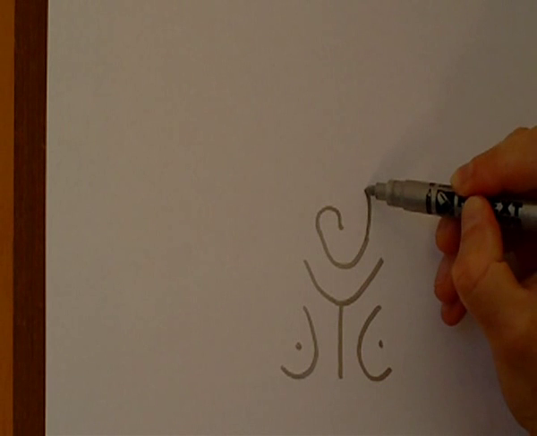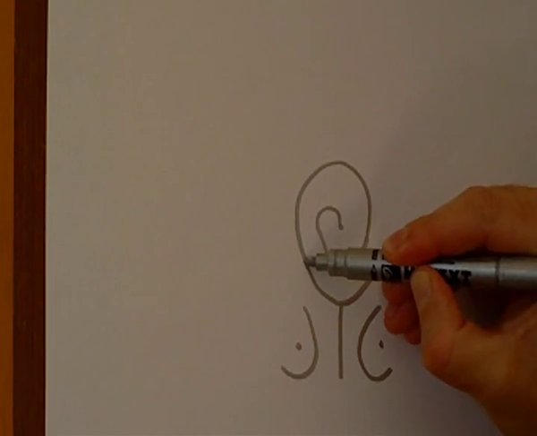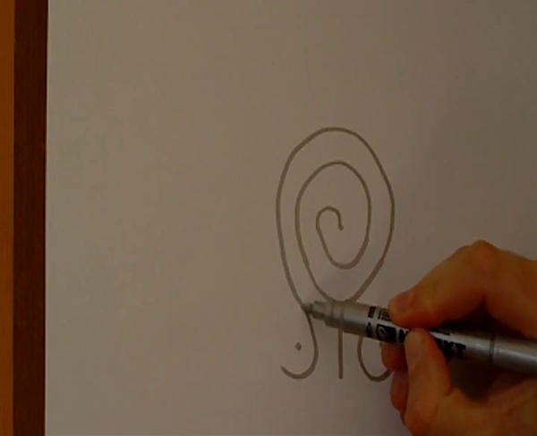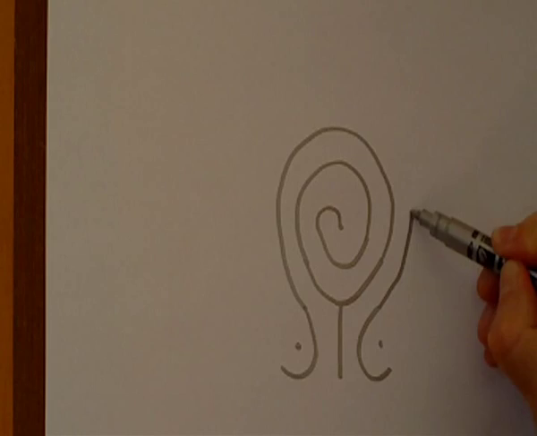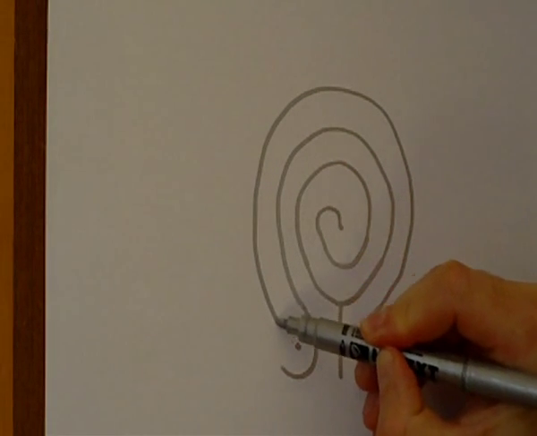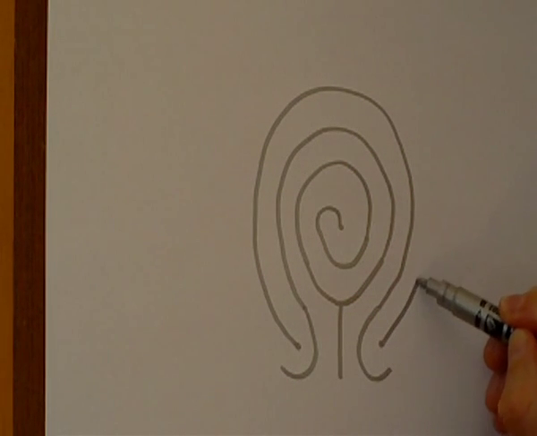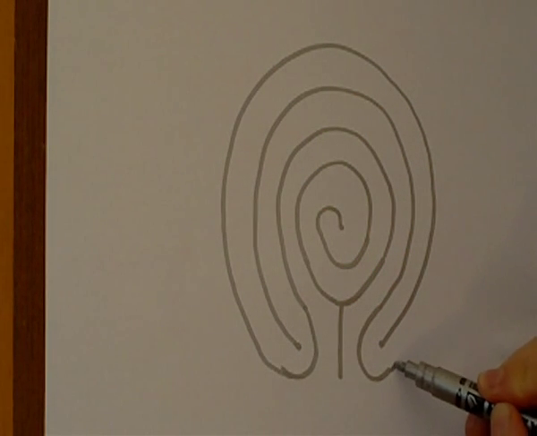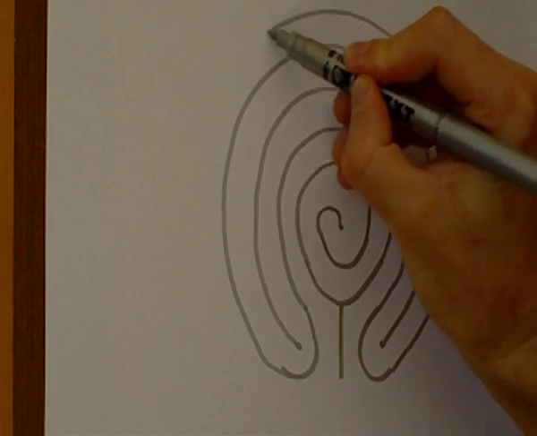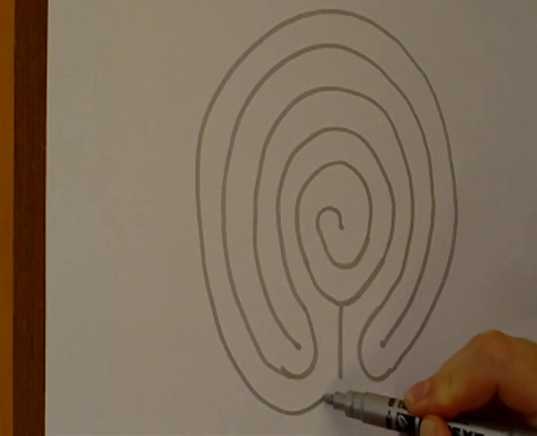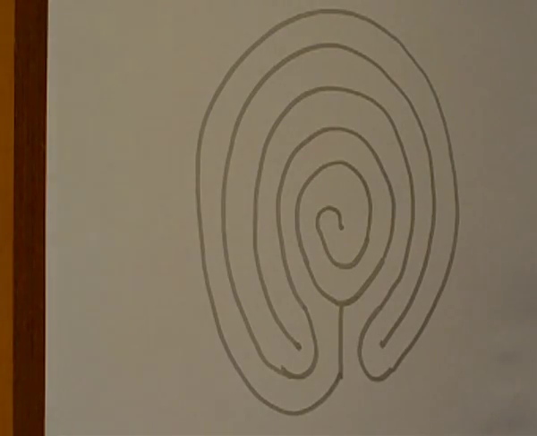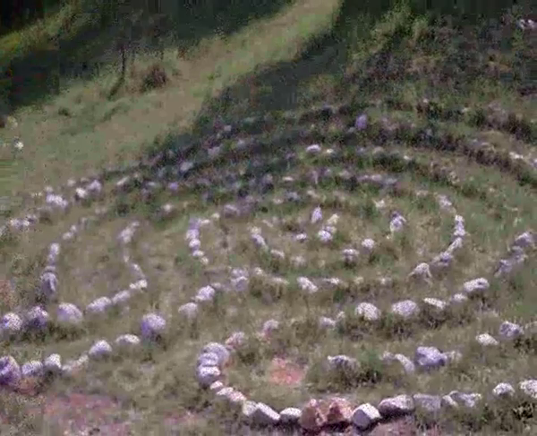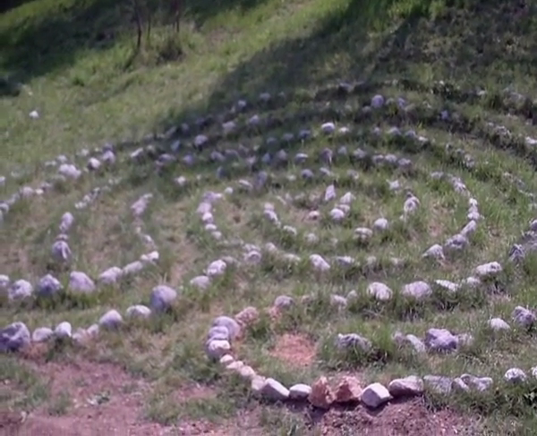Moving to the right, moving to the right, there. This is the Venus labyrinth. This is an example of Venus labyrinth made from rocks in nature.